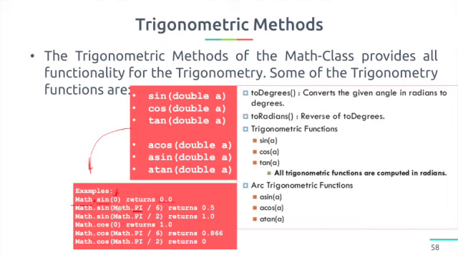To write the value of pi, we also use the Math class, so Math dot, and then capital letters PI because it's a constant, and then over 6. Here we want to find the sine of pi over 6, and the value returned is half.